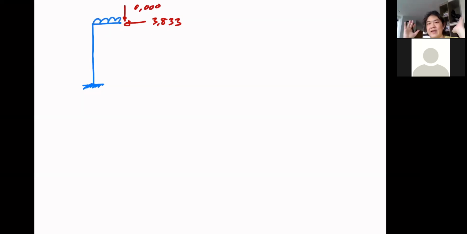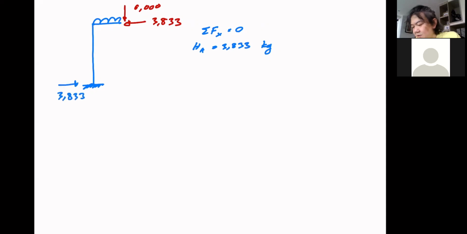Now to make it really thorough, I should say sigma Fx equal to 0. So now you have HA equal to 3.833 kilogram, because of sigma Fx equal to 0. And you can also say sigma Fy equal to 0.